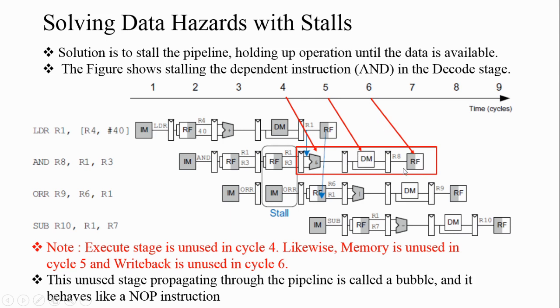Only in the sixth stage does the write happen. So you are stalling the pipeline by 1 unit.